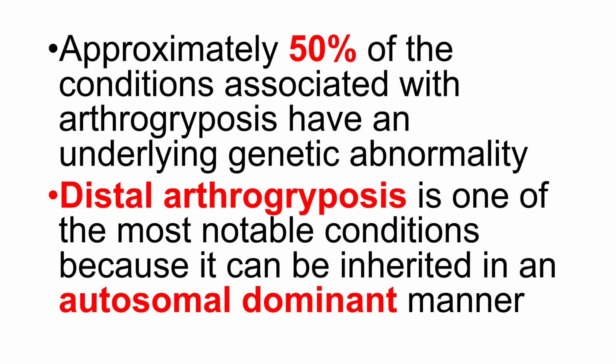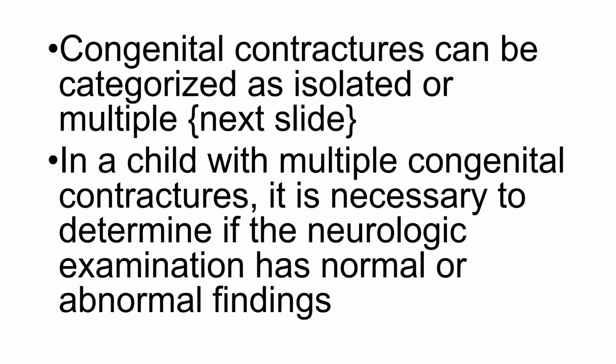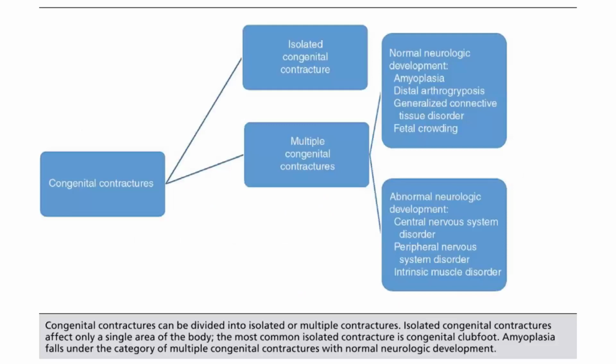Congenital contractures can be categorized as isolated or multiple. In a child with multiple congenital contractures, it is necessary to determine if the neurologic examination has normal or abnormal findings. This I will not go through.